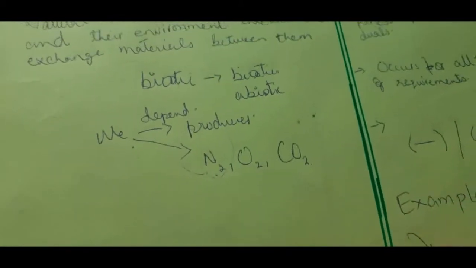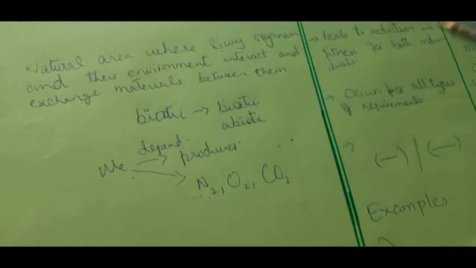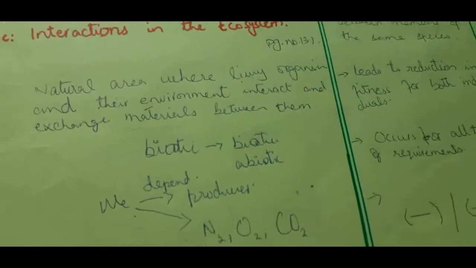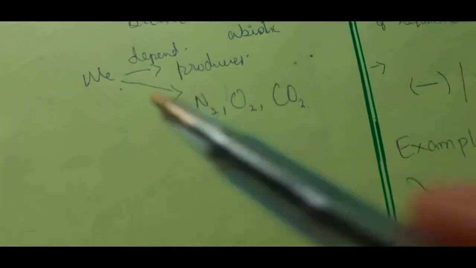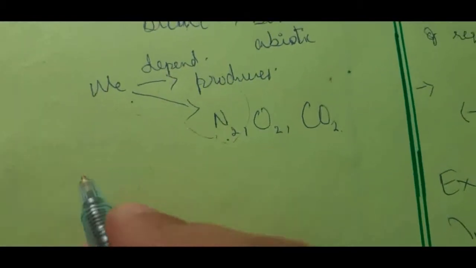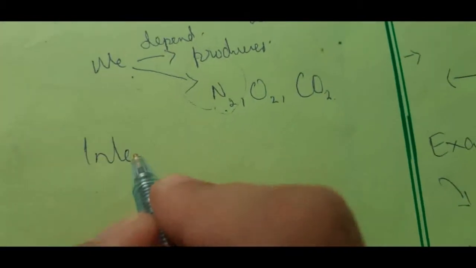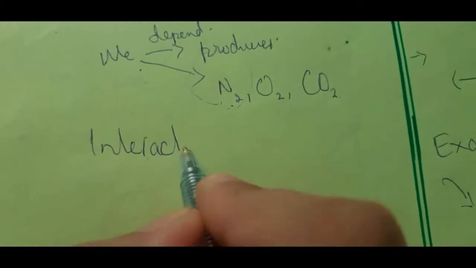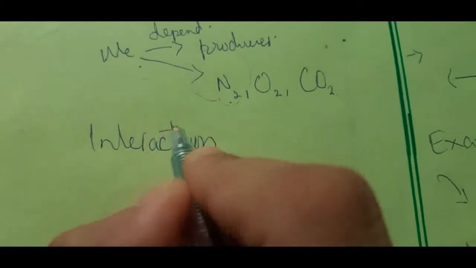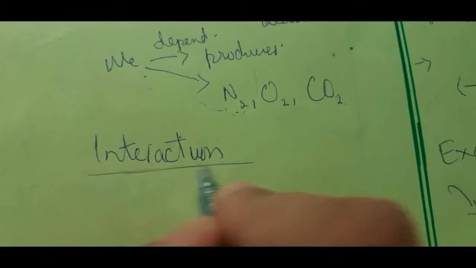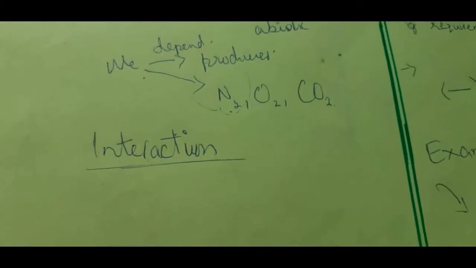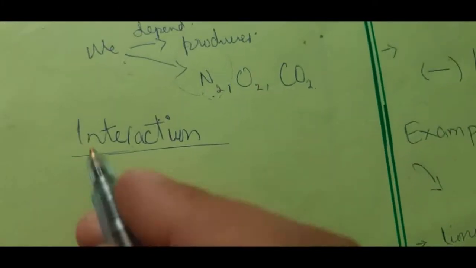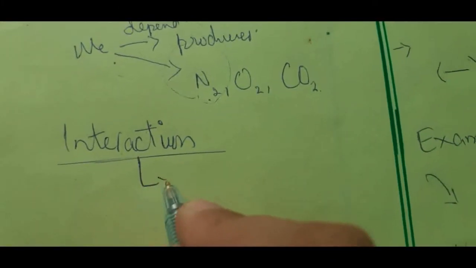Right? Now, if you remember, in just my last few lines, I said again and again that is interaction. I have used the word interaction. So, how do we interact? There are two types of interaction among living organisms. What are these? Interaction is of two types.